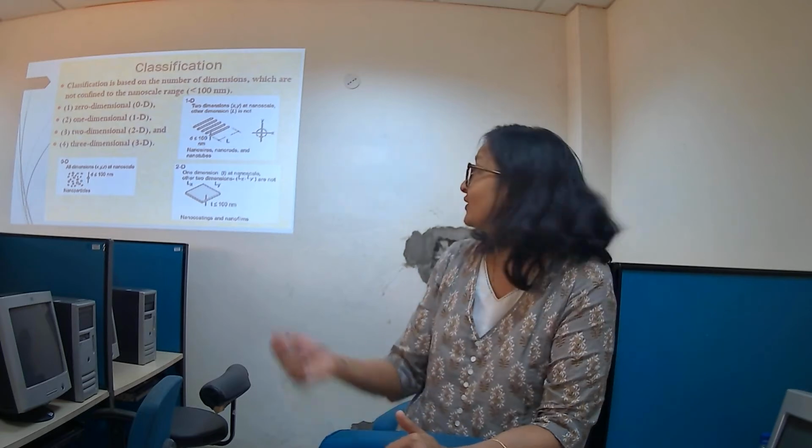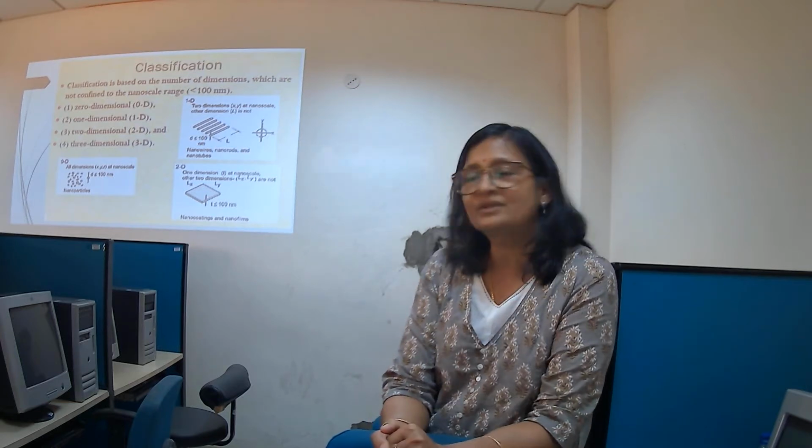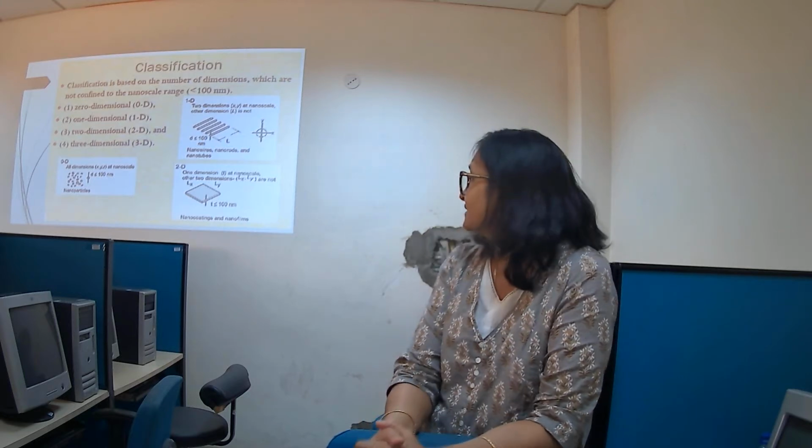Got it? And when none of the dimensions is in nanoscale, then they are called 3D. So bulk materials come under the 4th category. Okay? So please next slide.